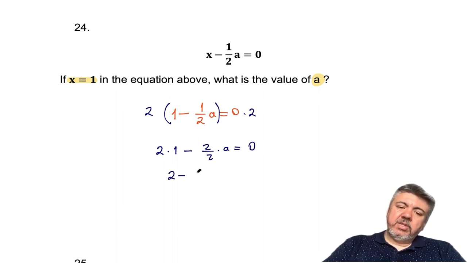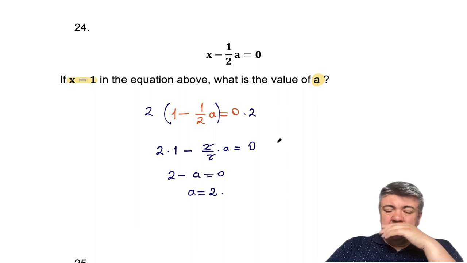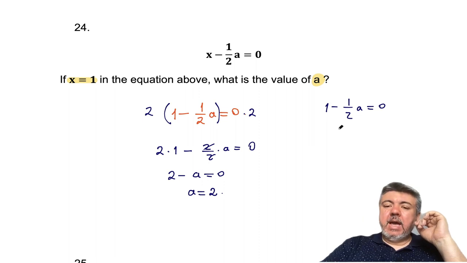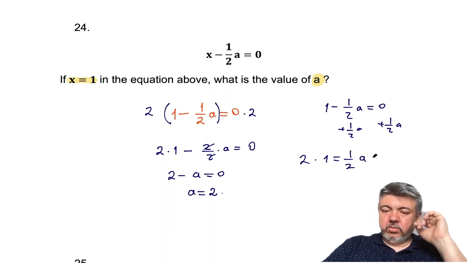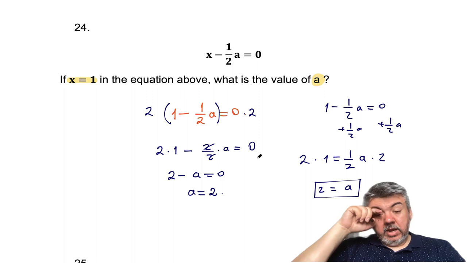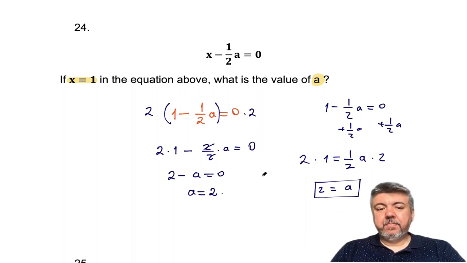So 2 minus a equals 0, then a equals 2. That's something we can do. Or 1 minus 1 over 2a equals 0. Add 1 over 2a to both sides. 1 equals 1 over 2a. Then multiply by 2. 2 equals a. That's also another way of doing it.